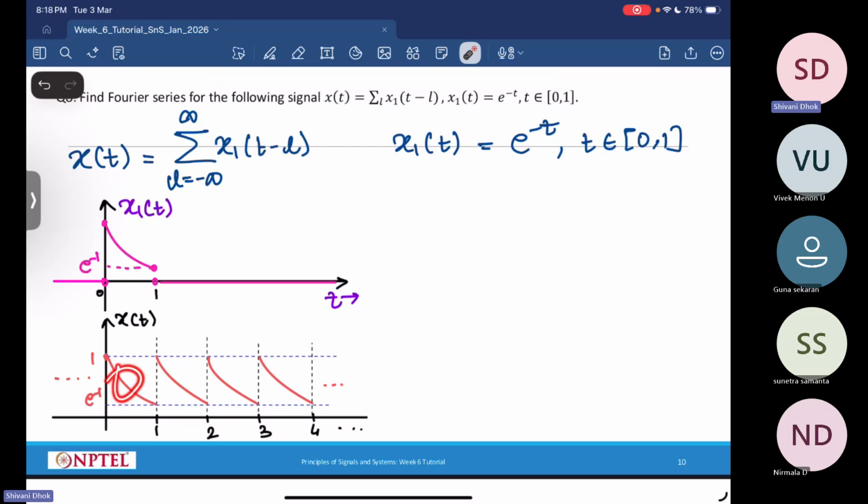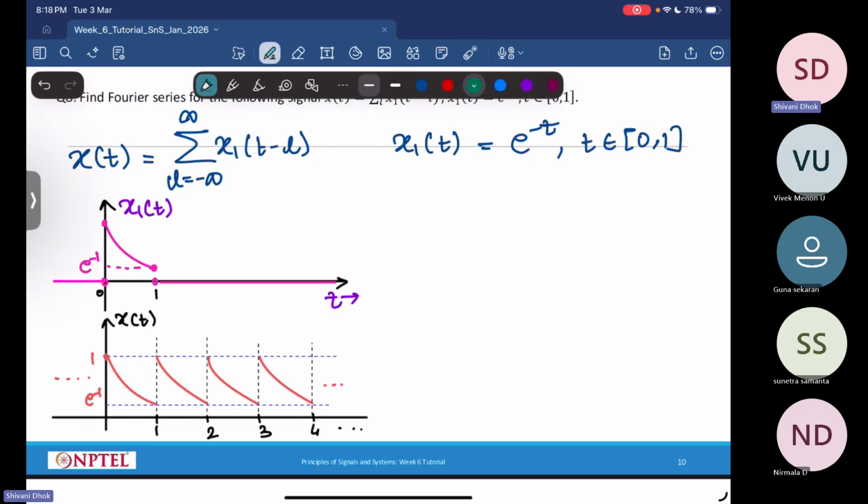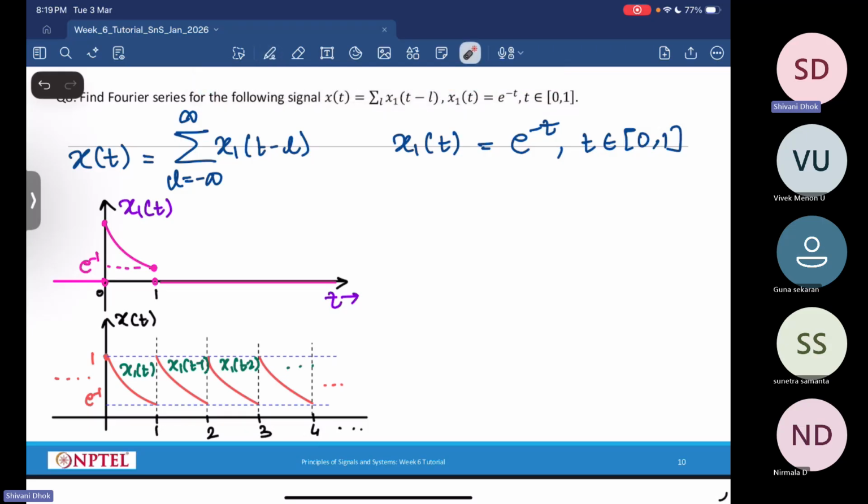This part is your x1 of t. This is x1 of t minus 1. This is x1 of t minus 2 and so on. So this is the signal that is given to you. We want to find the Fourier series coefficients for this signal. If you see carefully, this particular signal repeats after every one duration.